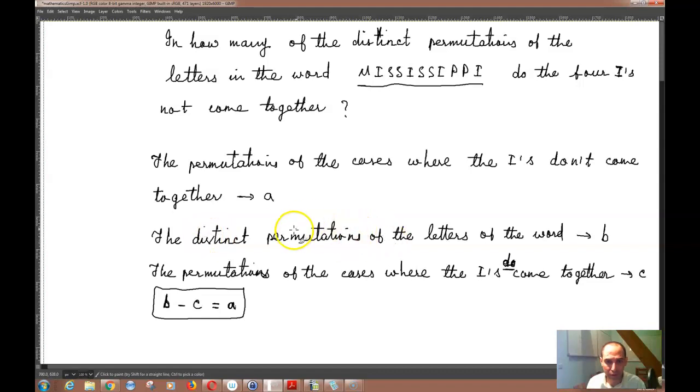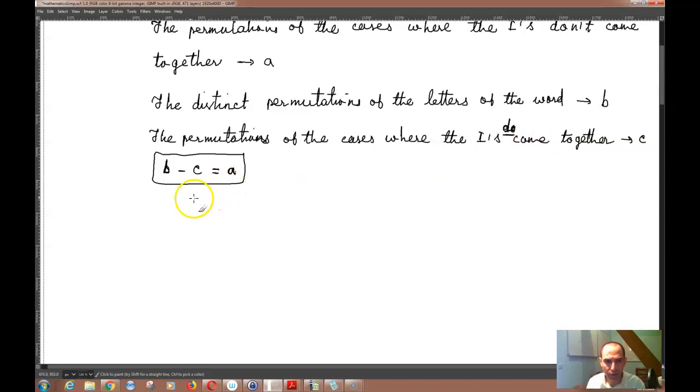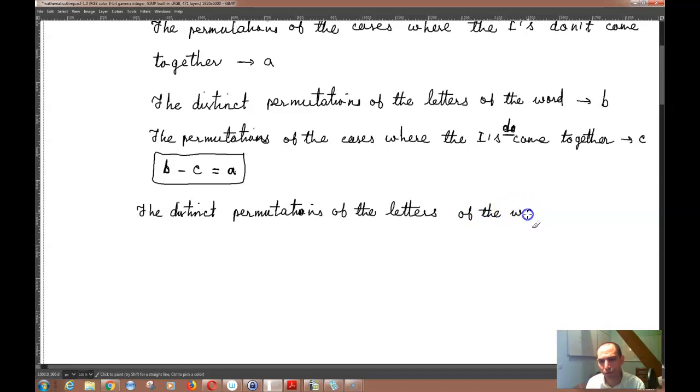So the distinct permutations of the letters of the word, and by the word I mean Mississippi, is what?